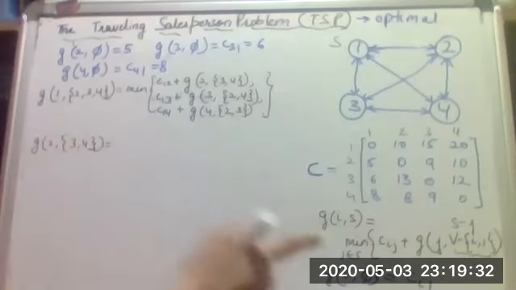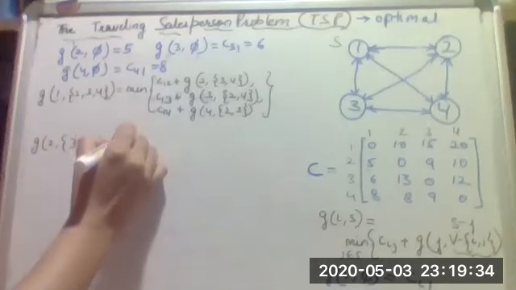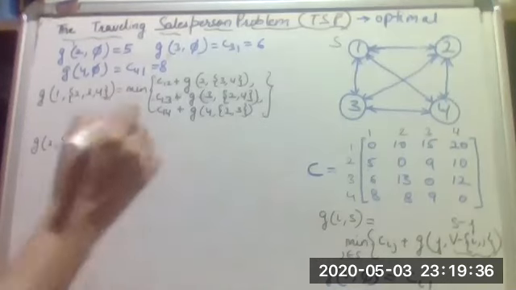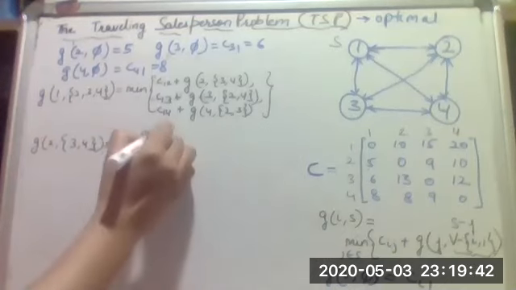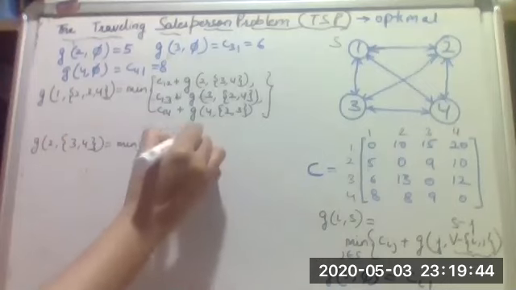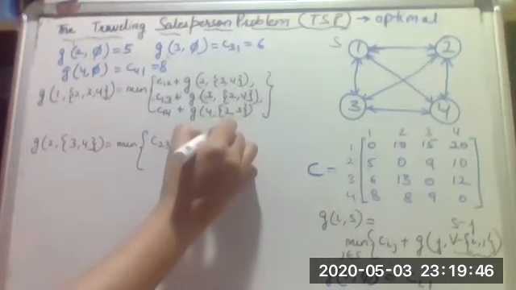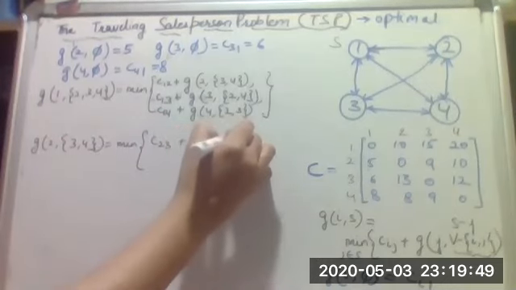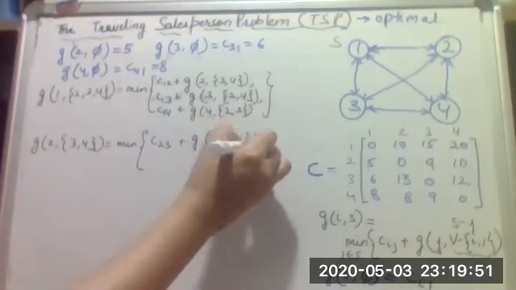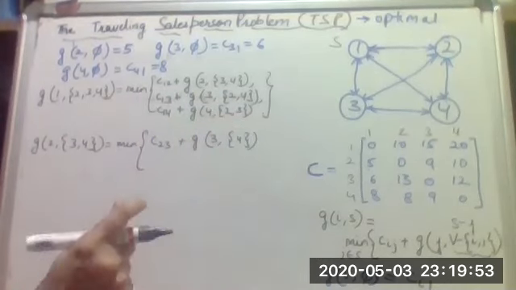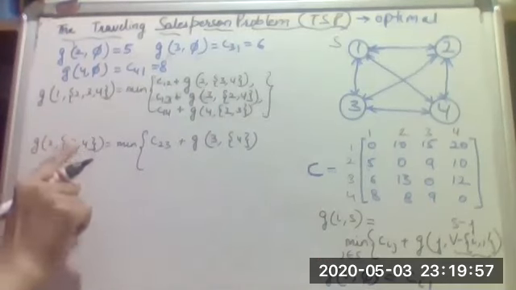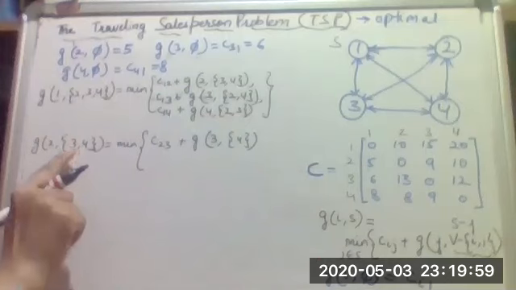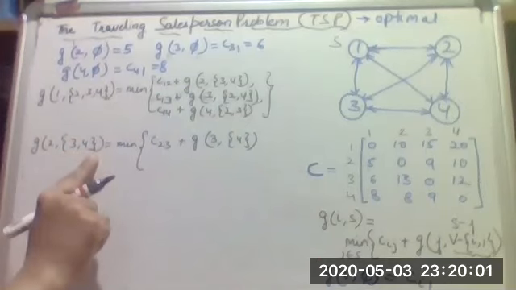So this is equal to, now again applying the same formula, minimum of all the vertices that are given to us. So we will have here C2, 3 plus G of 3, 4. Yes, because what we are saying is, we are starting from 2, moving on to the vertex 3, and we have to only go through 4.